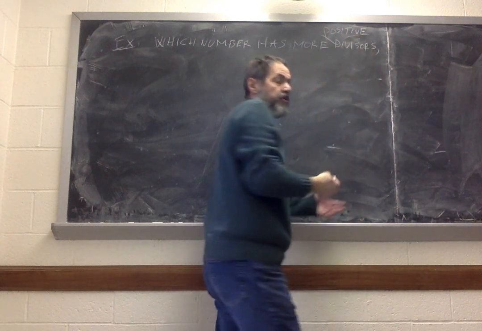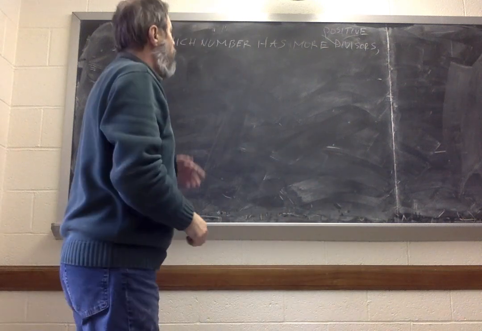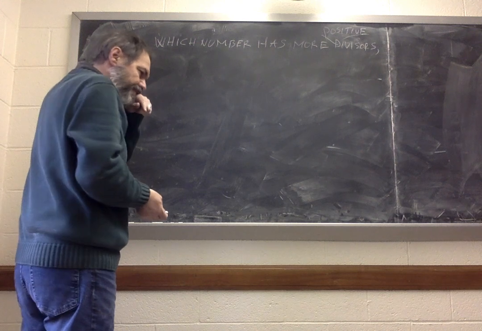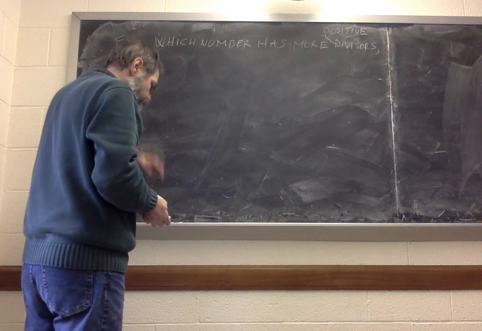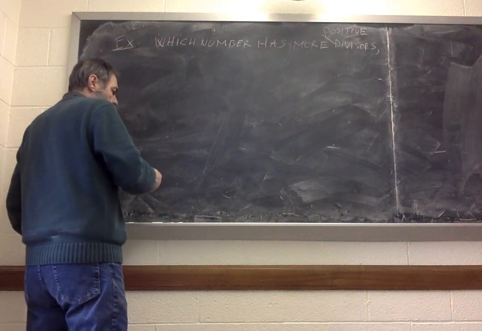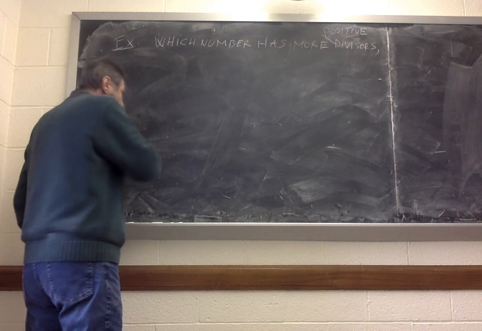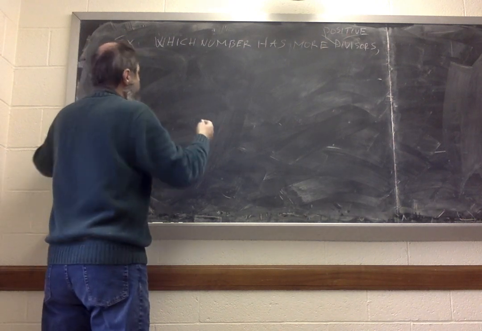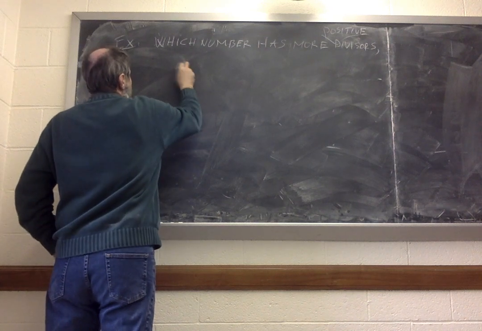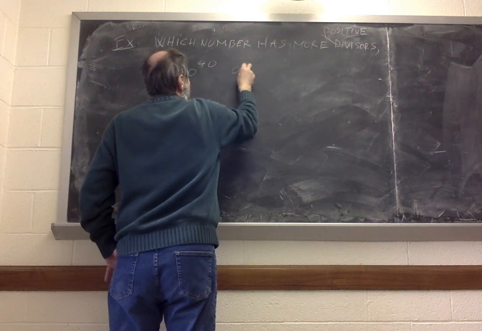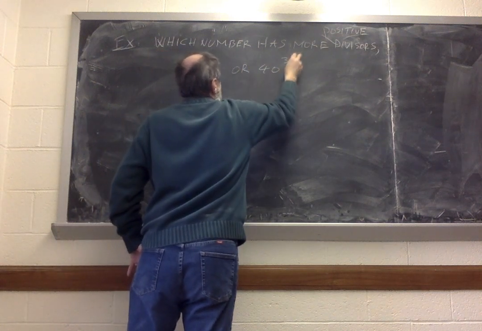That is to say exactly what we compute with our function here. More positive divisors. Let's say, to make it interesting, 30 to the 40 or 40 to the 30.